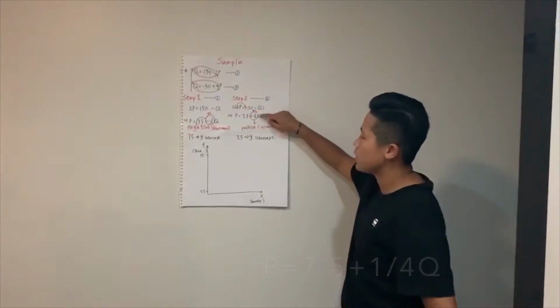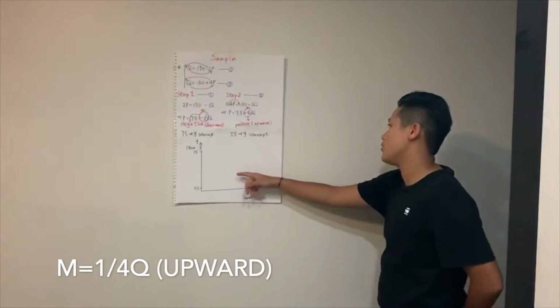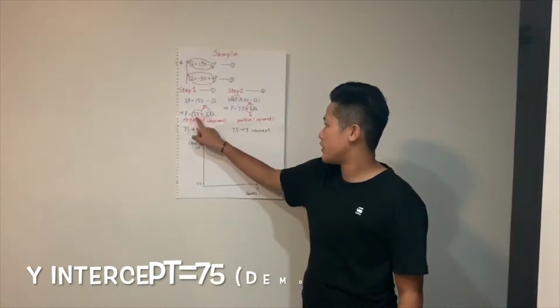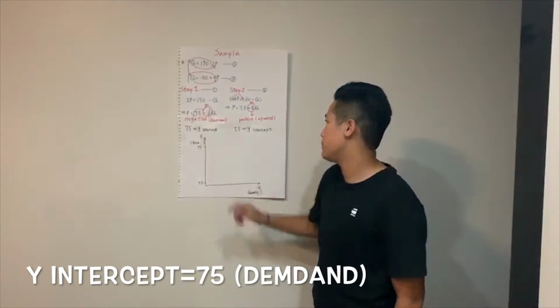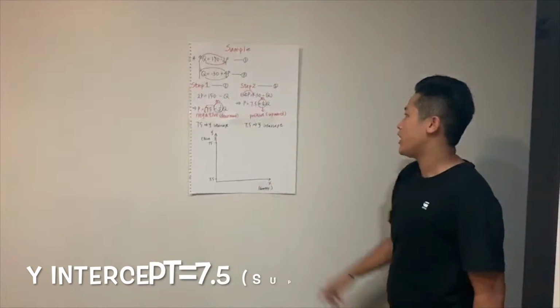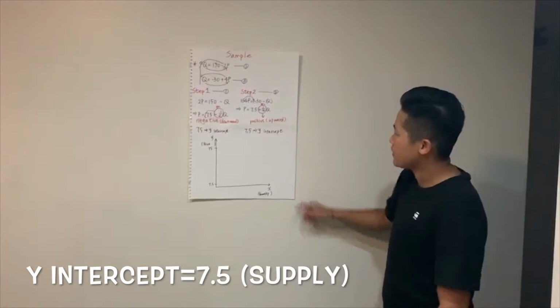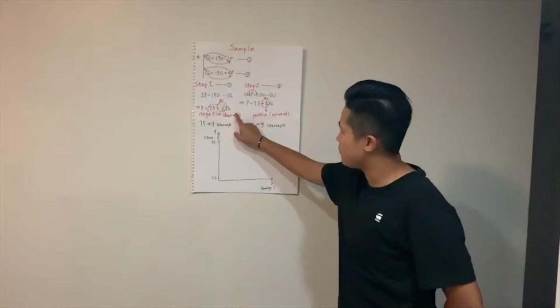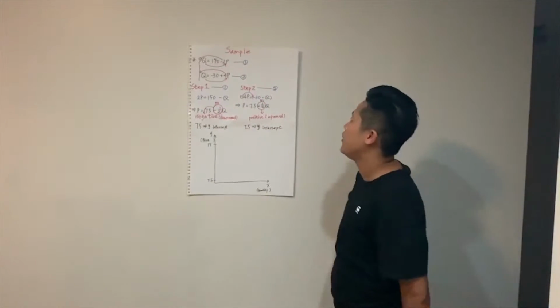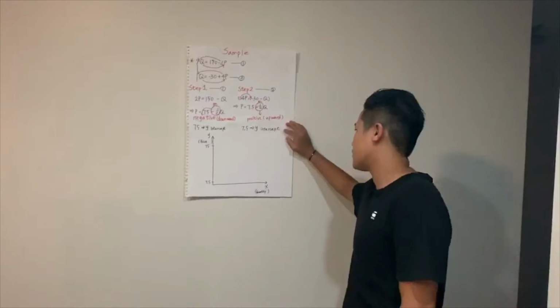As we can see, the slope is positive, so it's upward sloping. The 75 is the y-intercept, and this 7.5 is the y-intercept. The negative slope is the demand curve, and the positive one is the supply curve.